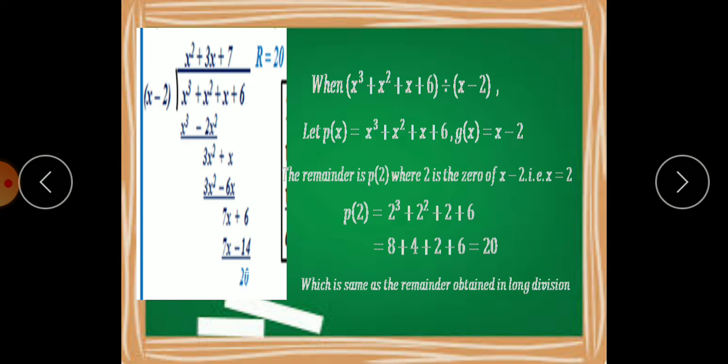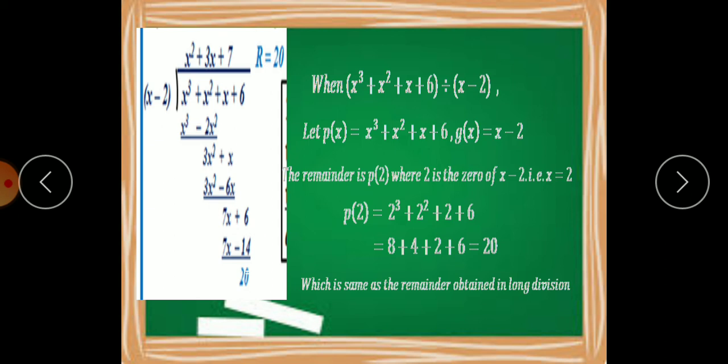So instead of doing the full division process for the remainder, we can simply find the 0 of the divisor and substitute that real number in place of the variable in the dividend.